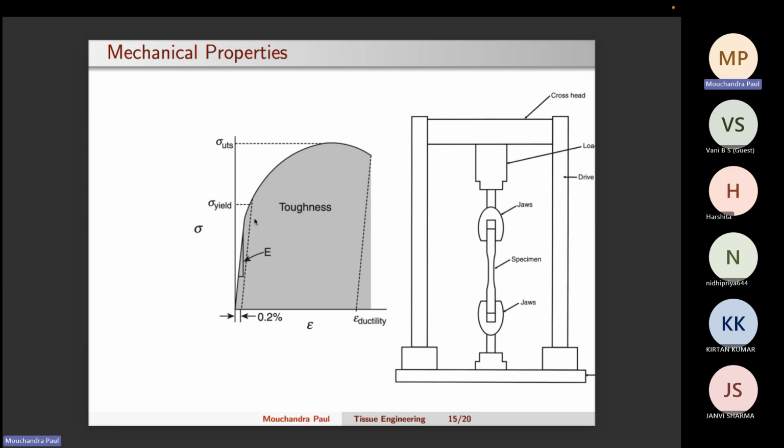Means if you remove the external load, the material won't come back to its original shape. Some permanent deformation has been incorporated into that material, meaning the atoms inside the material have permanently changed their positions and occupied new positions in the material, all right. Because of which that structure has now become permanent.